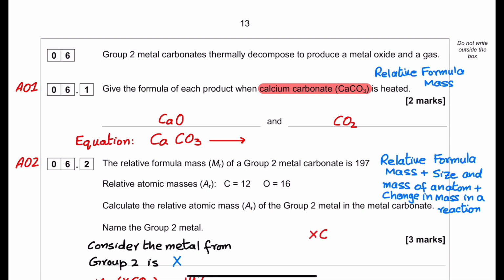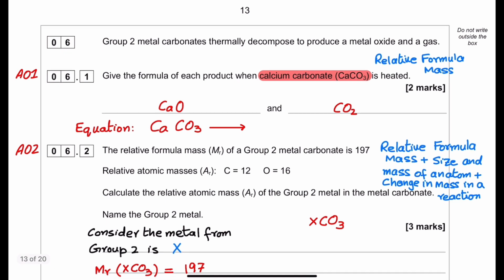X is an unknown metal from group number 2, like here we have group number 2 metal is calcium. It is given that the Mr, the relative formula mass of this compound, is 197.